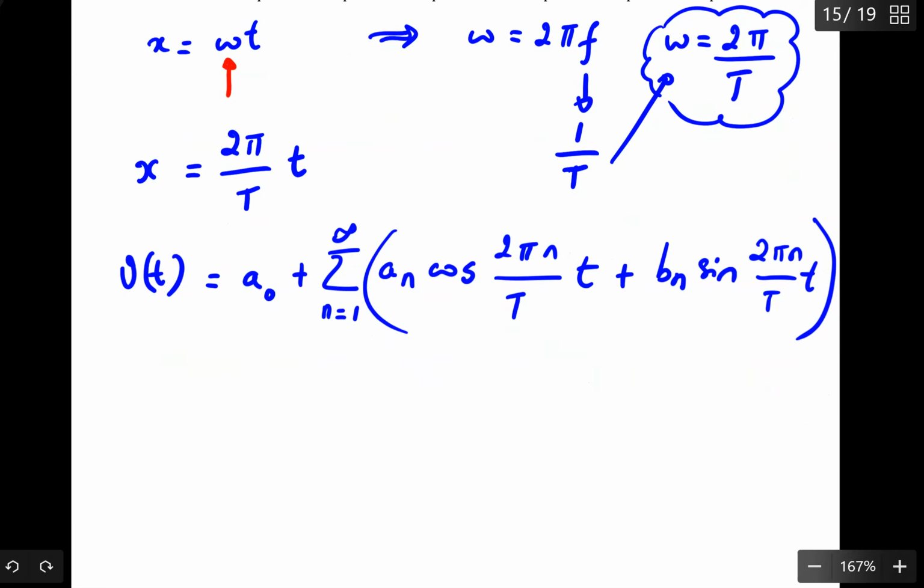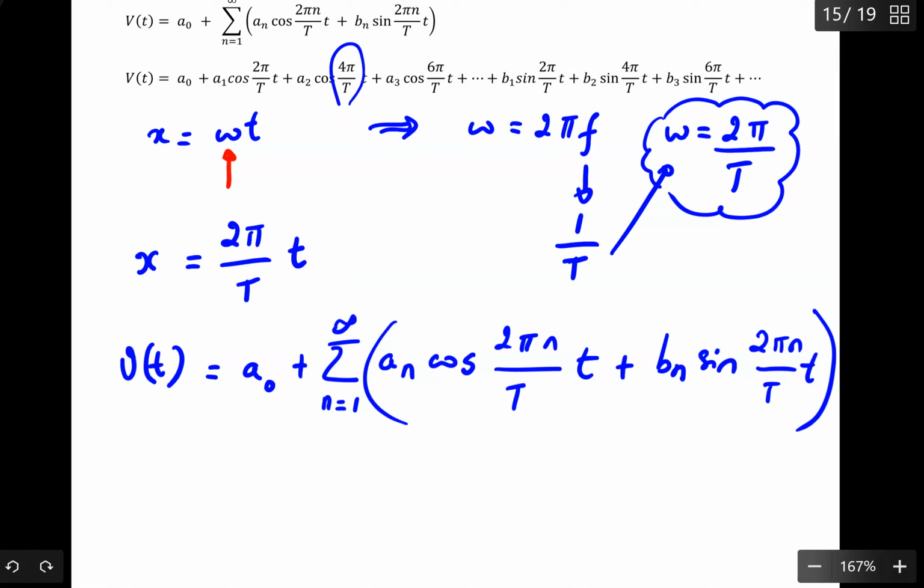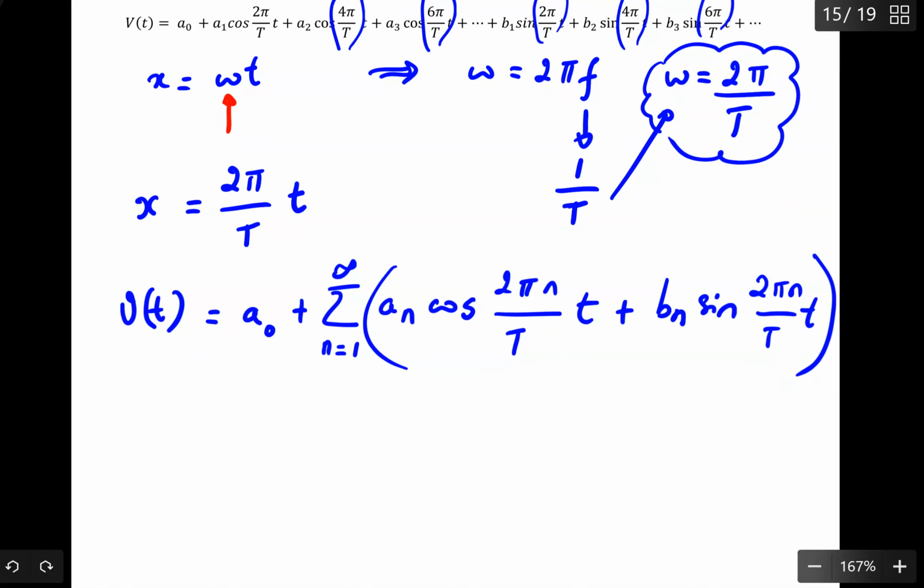So I will show you why all the terms turn into 2, 4, and 6. Let's work with just 3 terms.